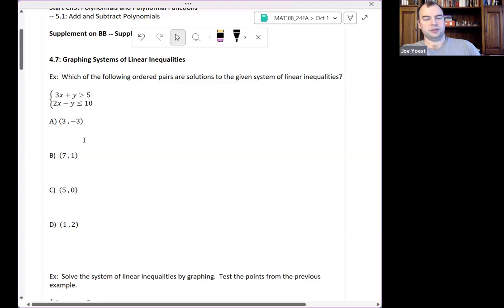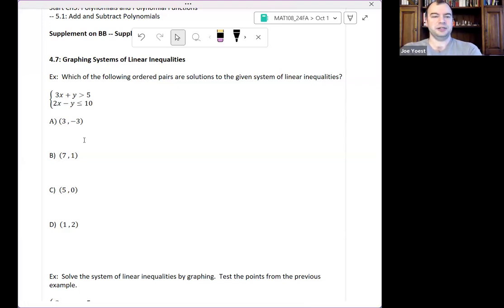Now, with an inequality, we might have a gut feeling. For a system of equations, we would basically either have one solution, one point that represents a solution, which was the typical thing that we were looking for, or we might have an edge case where we have infinitely many solutions or zero solutions. So we had 0, 1, or infinity as our number of solutions.